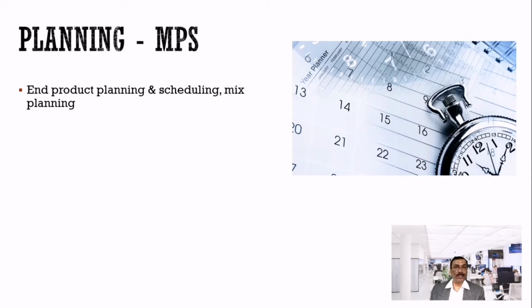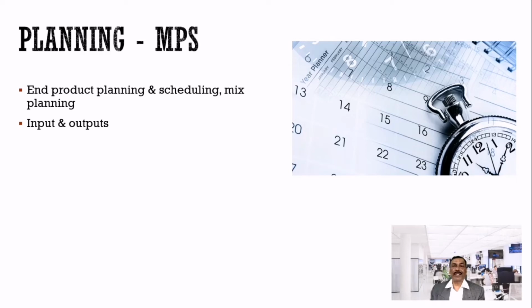SNOP is volume. Now that volume is broken into respective end products, and we are trying to schedule, as per the requirement, as per the forecast. Of course, when you take MPS, the input comes from the previous process, that is SNOP.